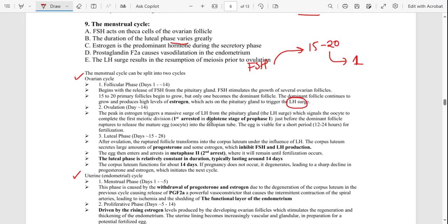There will be a release of luteinizing hormone on the 14th day. That leads us to the second phase, which is ovulation, happening on the 14th. On the 14th, the peak in estrogen is going to trigger a massive surge in luteinizing hormone to be released from the posterior pituitary. Actually, it's from the anterior pituitary gland.